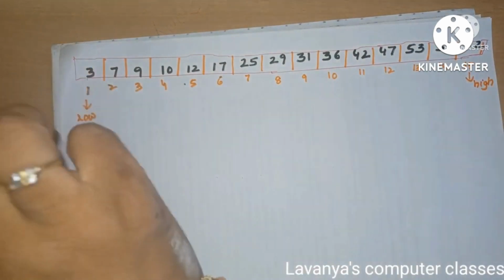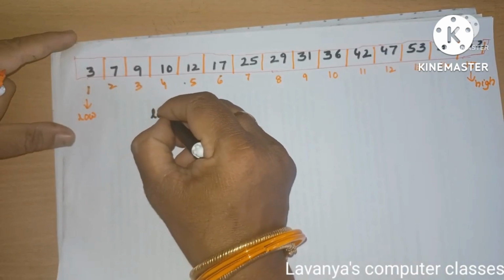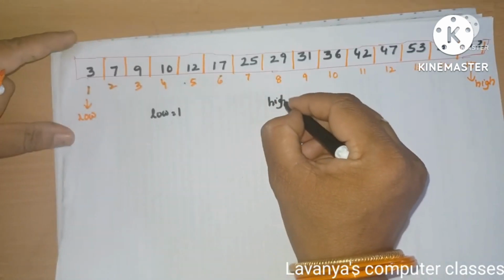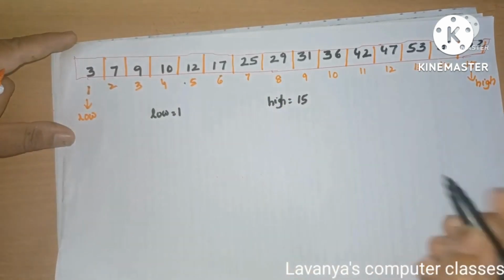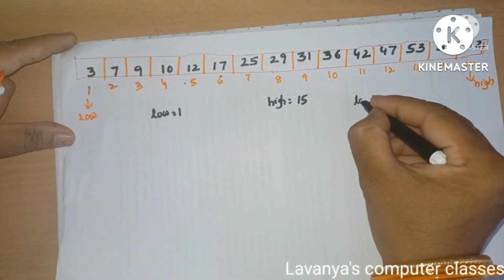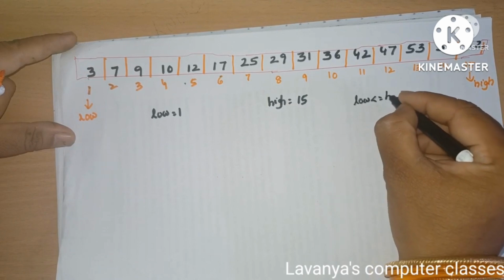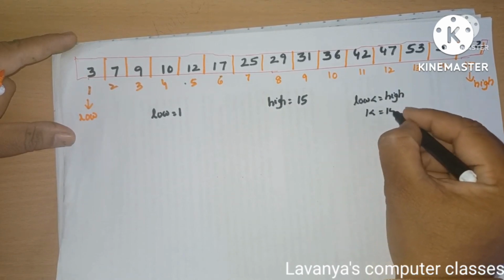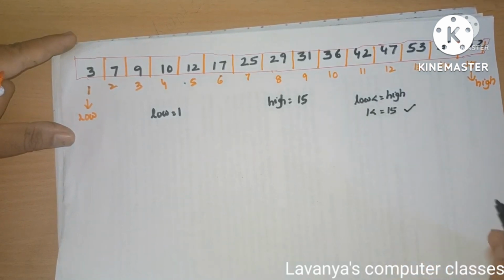What is the position here? Low equals 1, high equals 15. So here we have to check the condition low less than or equal to high: 1 is less than or equal to 15. Yes, the condition is true.